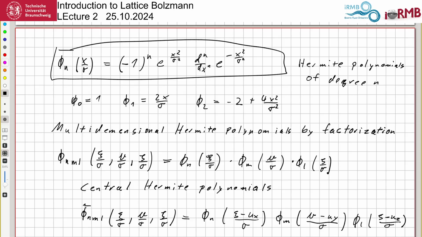The important thing here is that if you use the same thing for a distribution that has another velocity, then these things are not orthogonal to each other. How independence between moments is actually obtained is something that we'll talk about in later lectures.